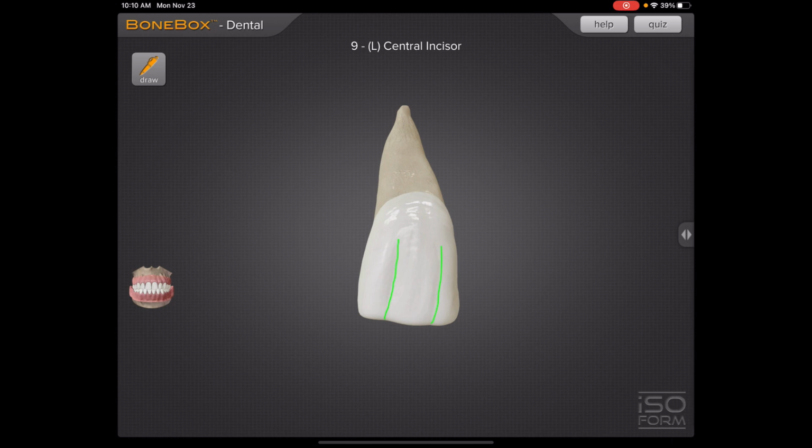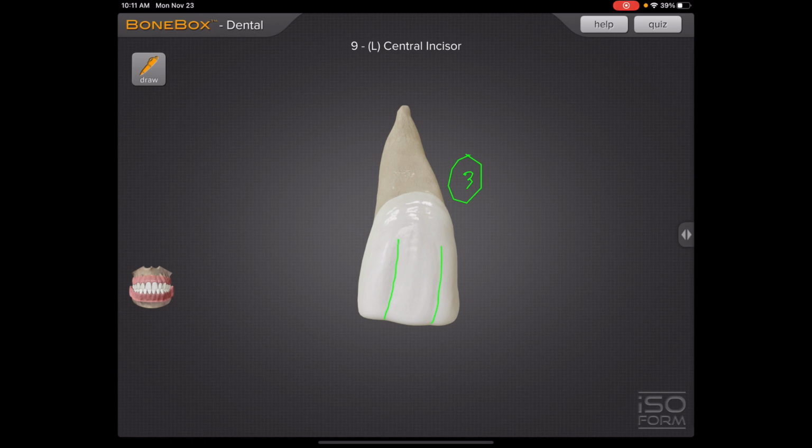Anterior teeth and maxillary premolars develop from 4 lobes. We can see 3 from the labial aspect and 1 from the lingual. As the lobes grow, they coalesce. These lines of fusion are called developmental grooves.